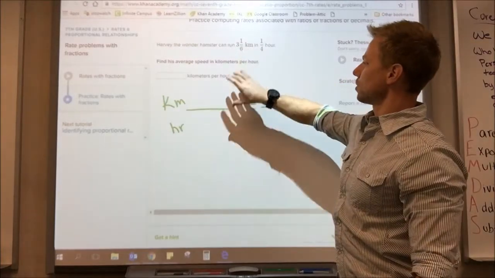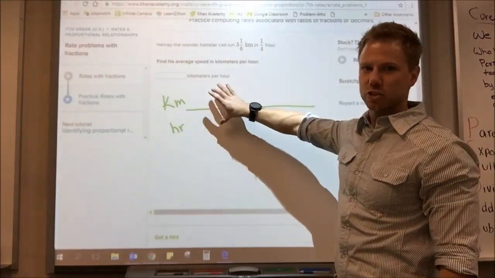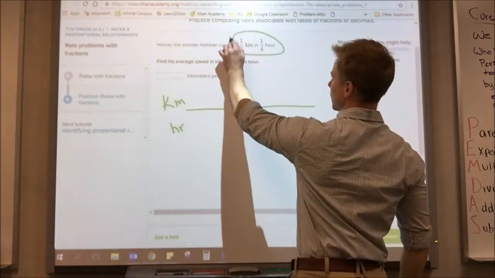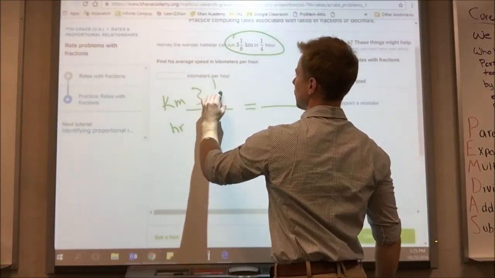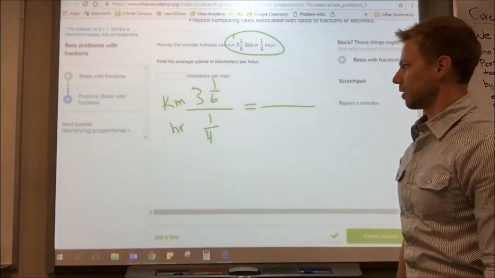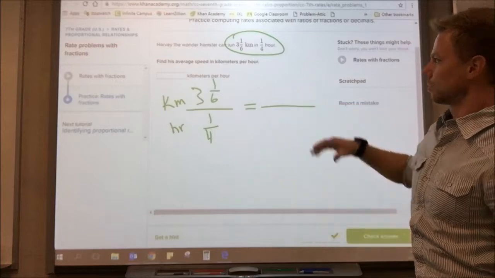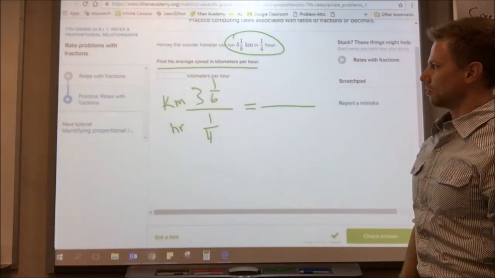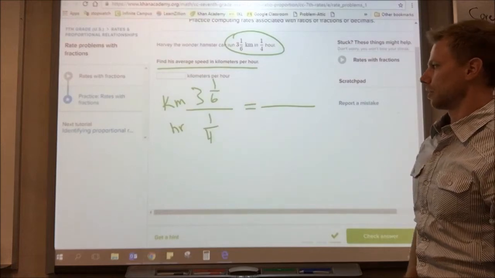So those two numbers are going to go in the same ratio together, or the same fraction together, because they happen at the same time. So 3 1/6 kilometers in 1/4 of an hour. On the other side, we're going to fill in with the rest of the information. It says find his average speed in kilometers per hour.